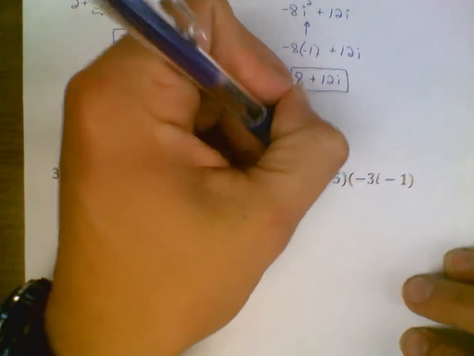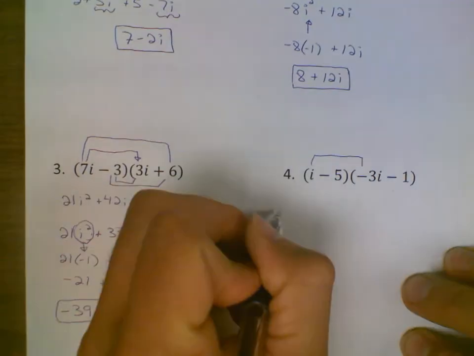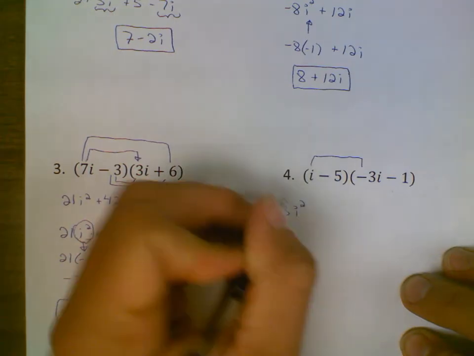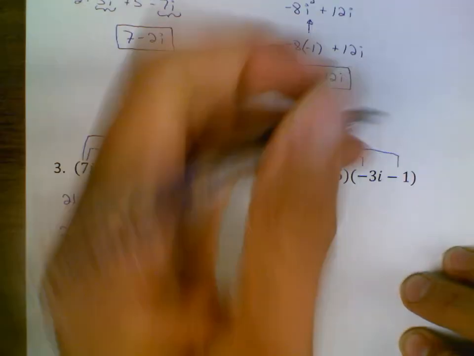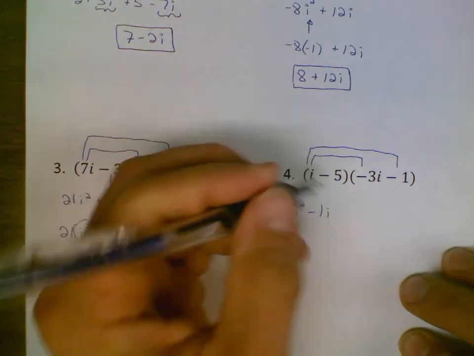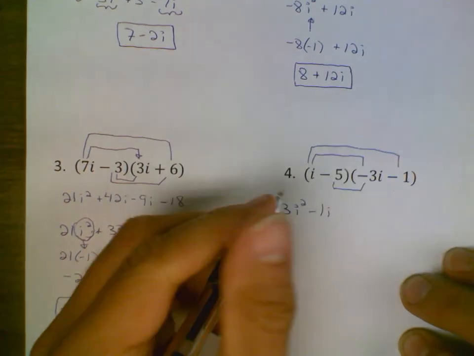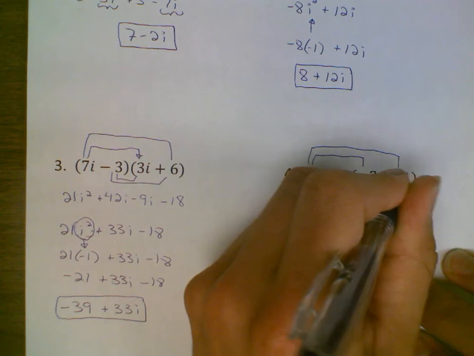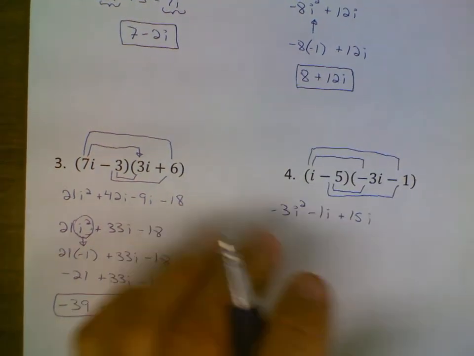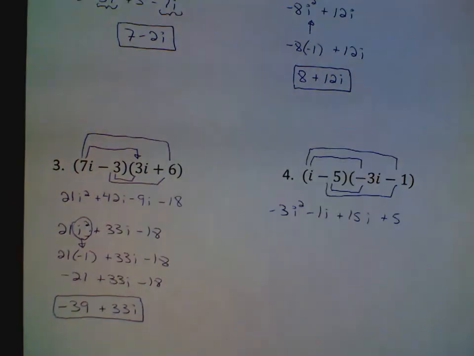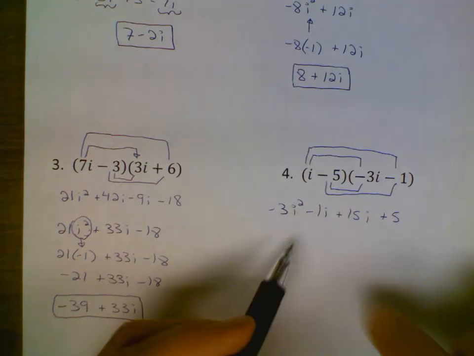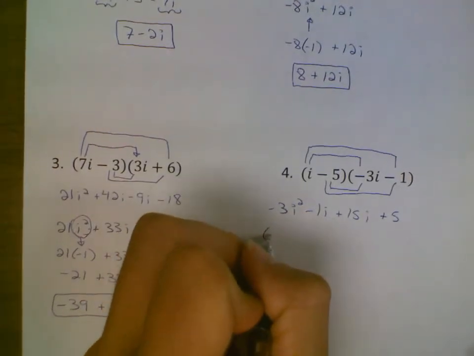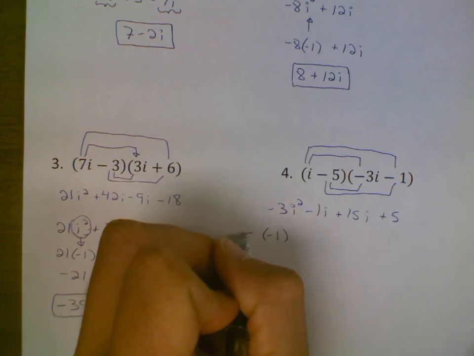All right, the last example, number 4. If I distribute the i, I'm going to get -3i squared. Then I get i times -1, which is -1i. -5 times -3i is positive 15i, and -5 times -1 is positive 5. Once again, I know i squared is -1, so I'm going to get -1 times -3.